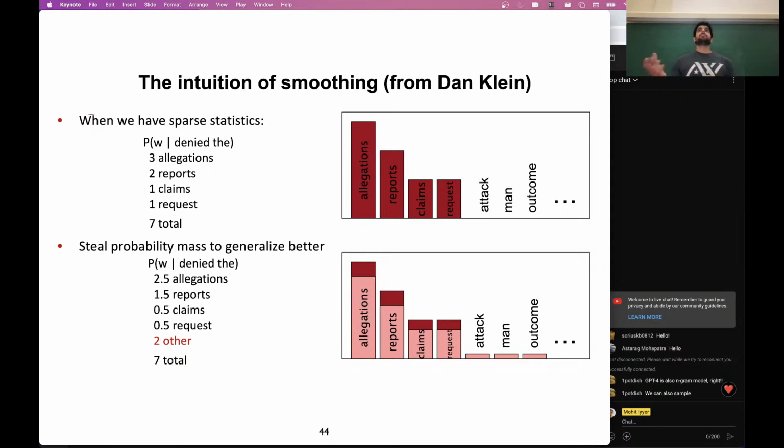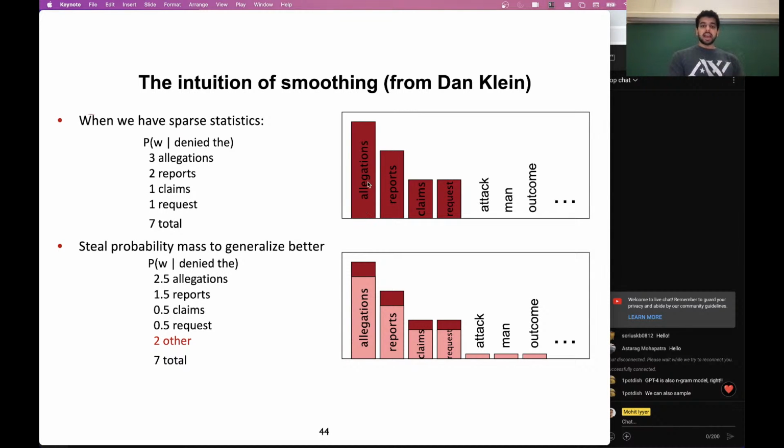So the intuition of smoothing is basically we estimate all the probabilities by counting and normalizing as we did before, but then we are going to steal some of the probability mass from every observed phrase in the data set and distribute that stolen mass somehow across all of the 0 count entries in the table.